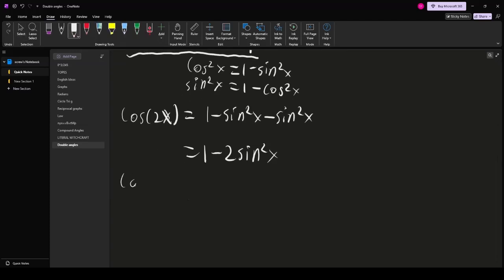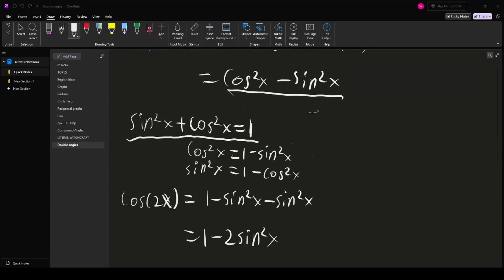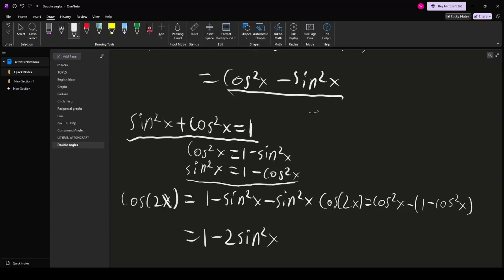But that's not all. This identity can also be rearranged into sine squared x equals 1 minus cos squared x. So cos 2x is also equal to cos squared x minus (1 minus cos squared x). We put it in a bracket because in the original expression, sine squared x is subtracted, but according to this identity, 1 minus cos squared x equals positive sine squared x, so we distribute the negative.